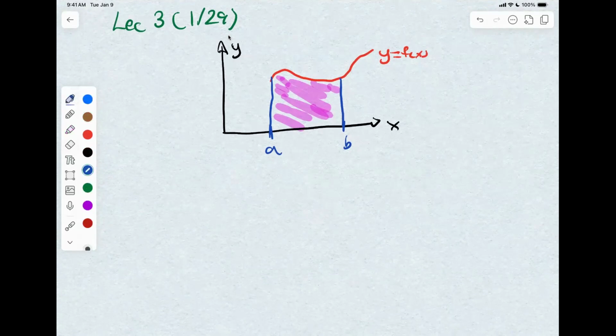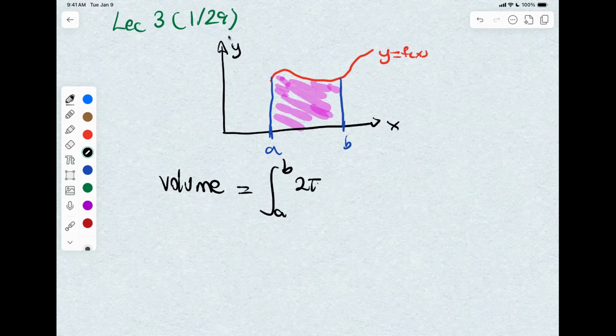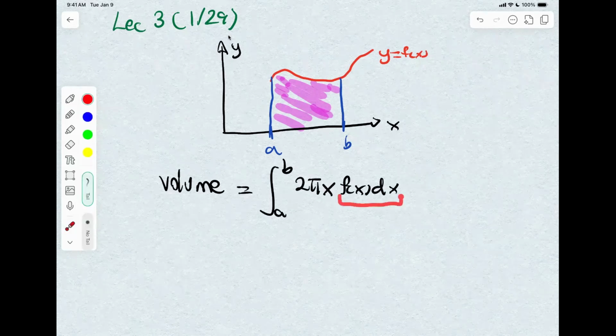The volume would be the integral from A to B of 2 pi x times f of x dx, because this corresponds to the area of one of these rectangles.